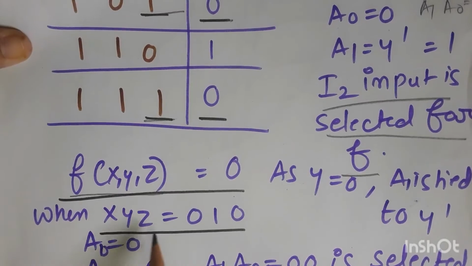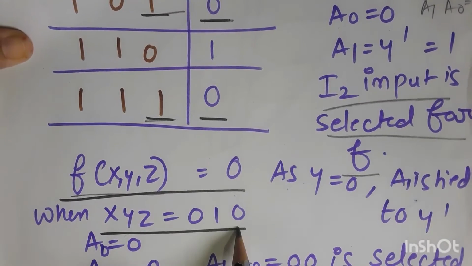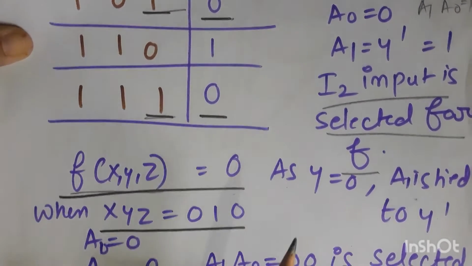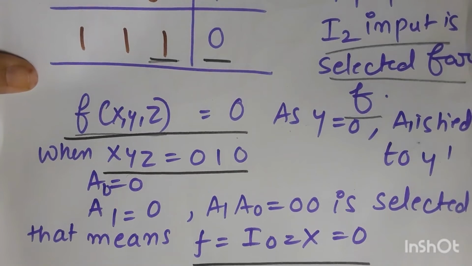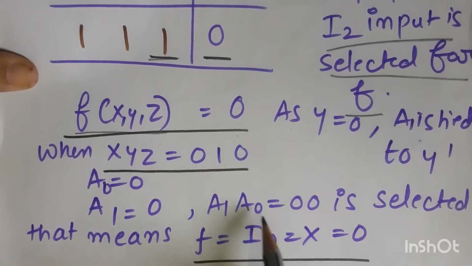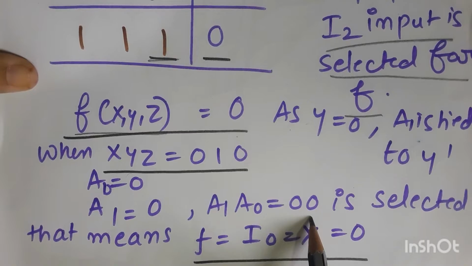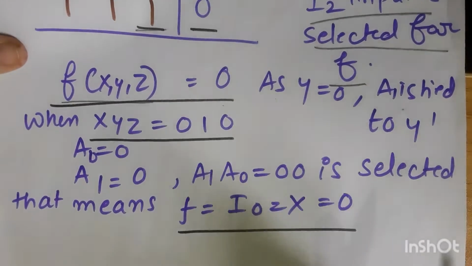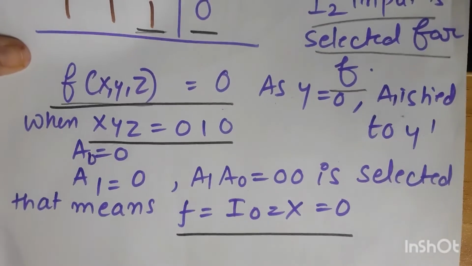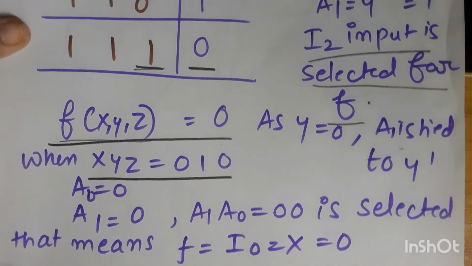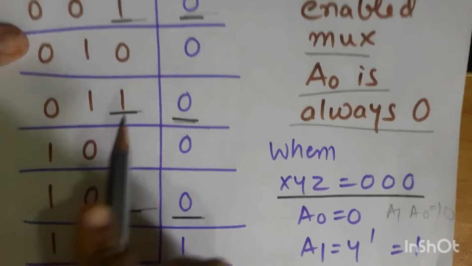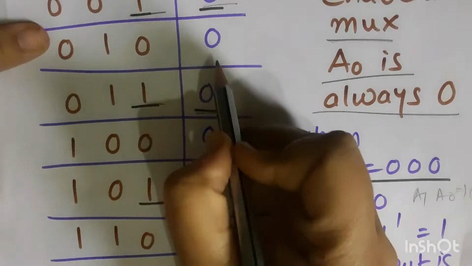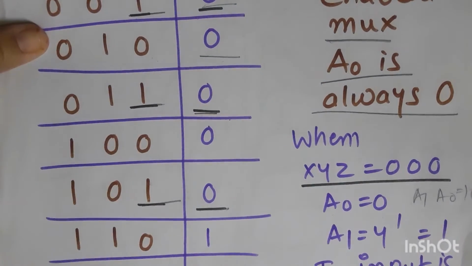When xyz is 0, 1, 0, A0 is 0 and A1 is equal to 0. So A1, A0 is 0, 0. So I0 is selected. I0 is equal to x. So x is also 0. So for xyz 0, 1, 0, f is 0.